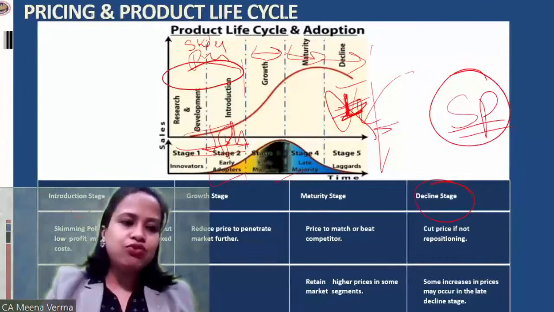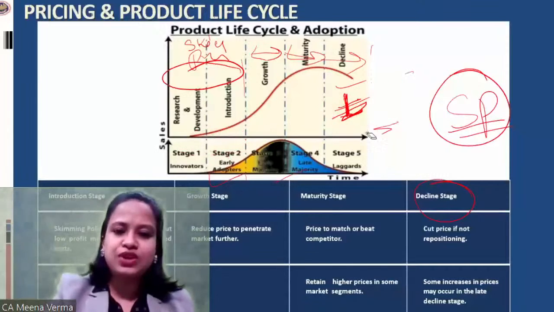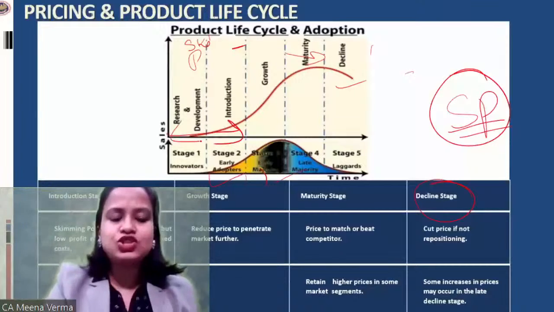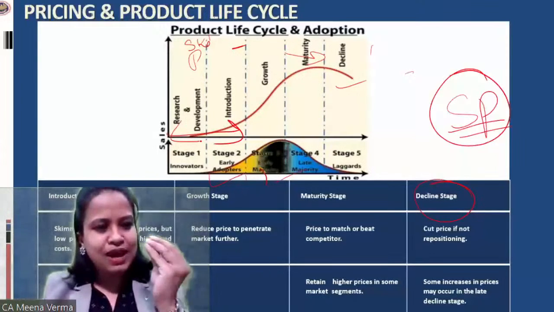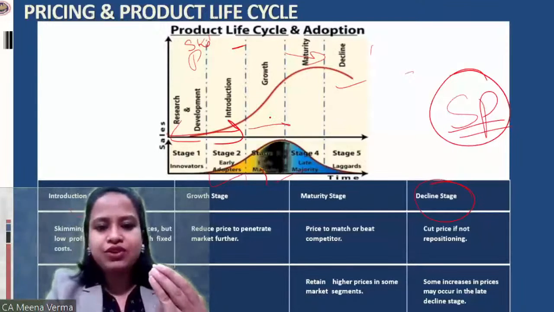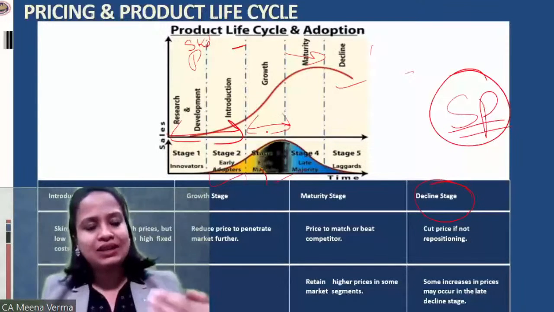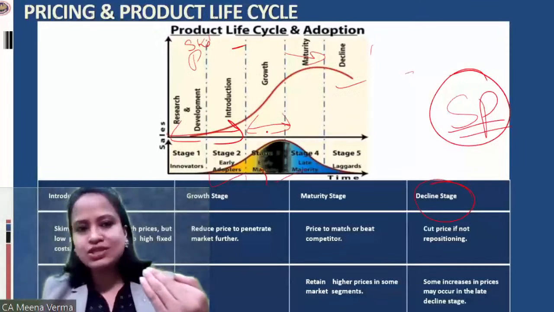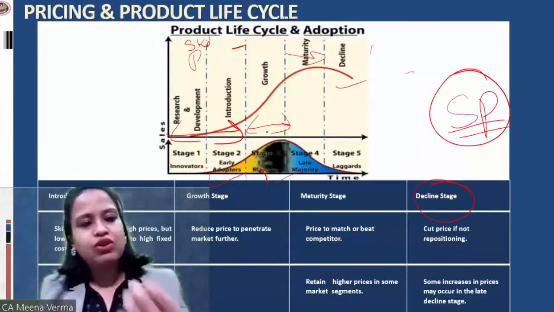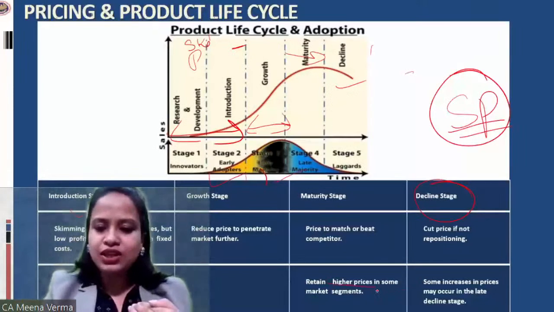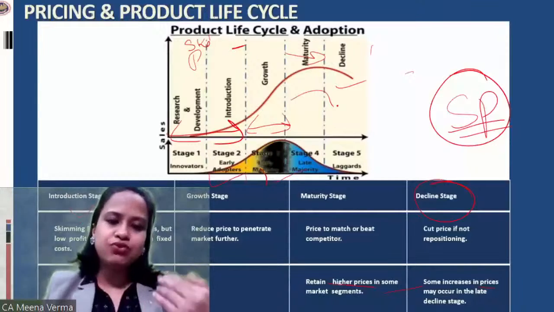And if you are following a penetration pricing strategy, for example, Jio, in the introduction stage the price of their data plan was very low. Now they have reached the growth stage, and you can see they have increased the price of their data plan. It's not the same. We all know that the price of their data plan has increased now. So gradually you can increase the selling price of your product.